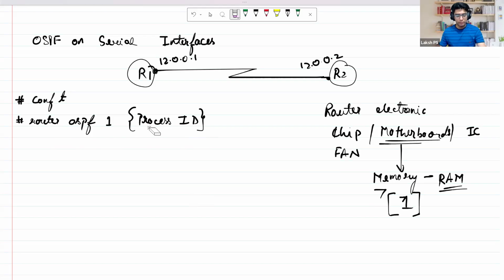So router OSPF 1. 1 is a process ID, as I said. That means I can run multiple processes of OSPF. When we do the practicals, I will show you that from 1 up to a huge number, you can have so many different OSPF processes running inside a router.